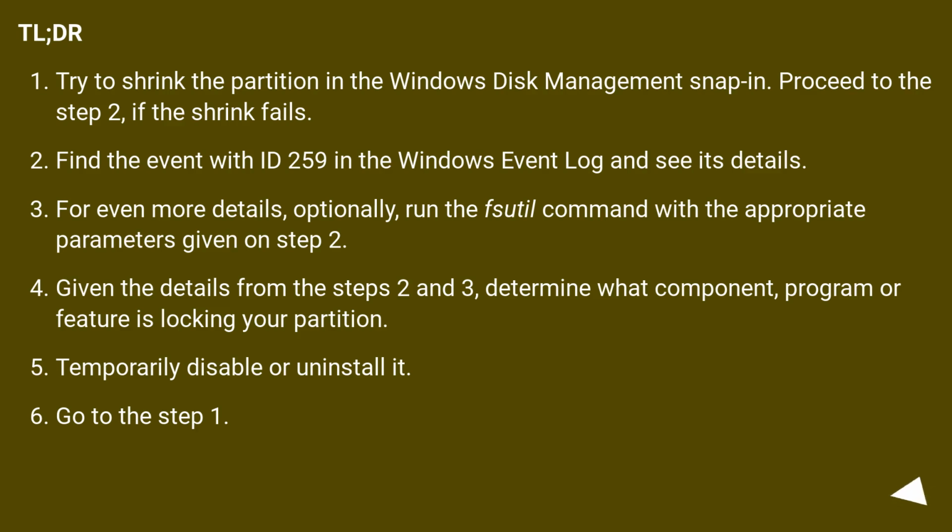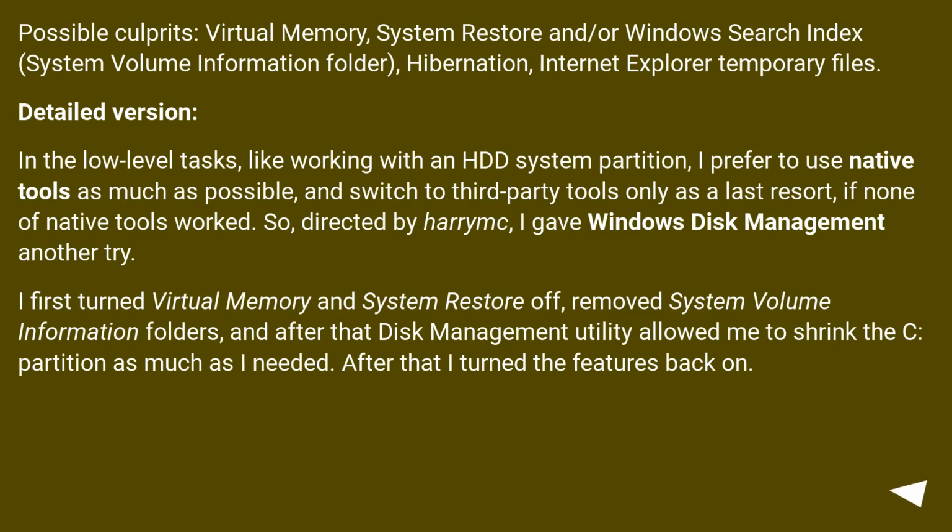Given the details from steps 2 and 3, determine what component, program or feature is locking your partition. Temporarily disable or uninstall it. Go to step 1. Possible culprits: virtual memory, system restore and/or Windows search index, System Volume Information folder, hibernation, Internet Explorer temporary files.